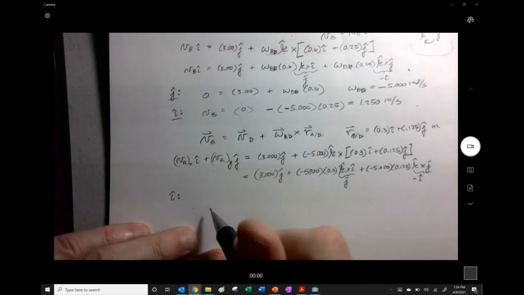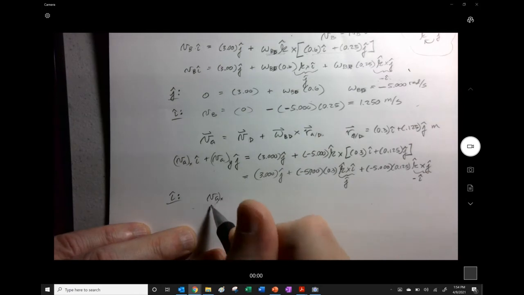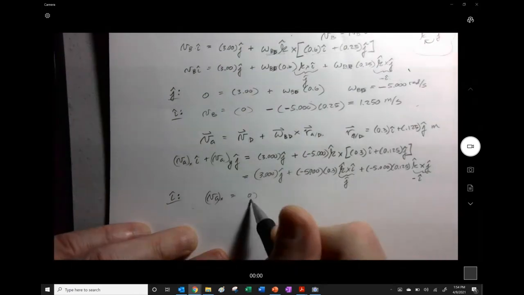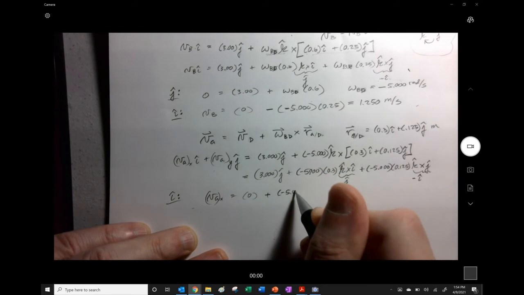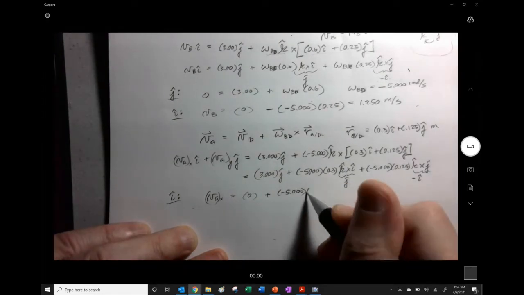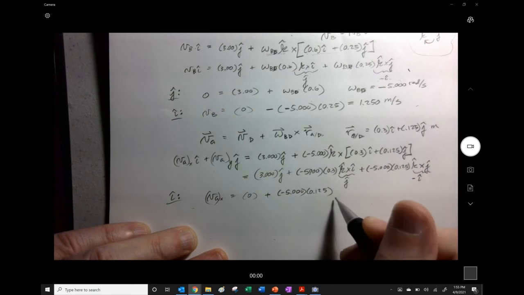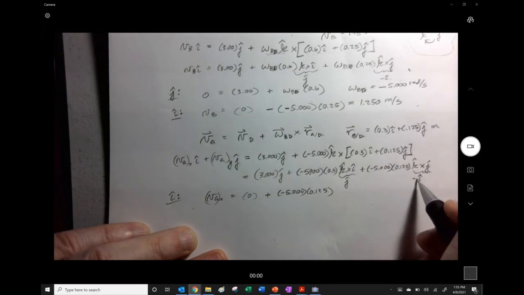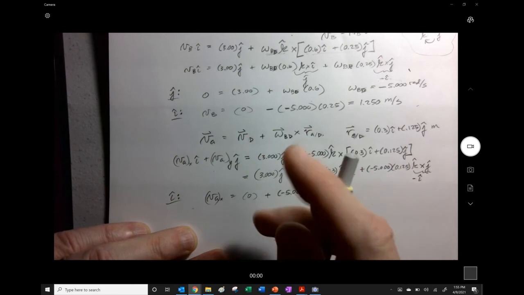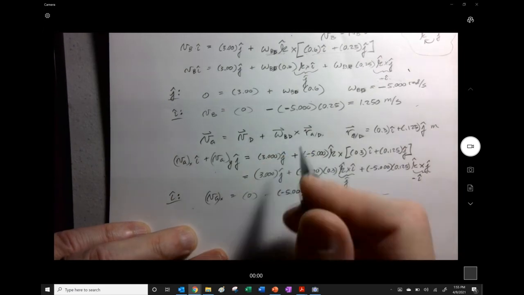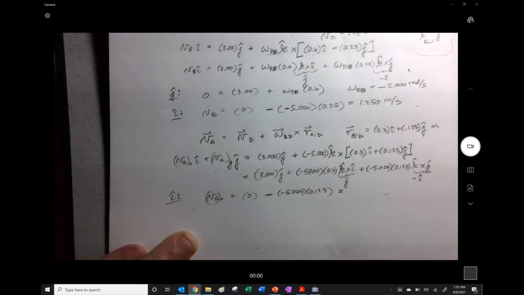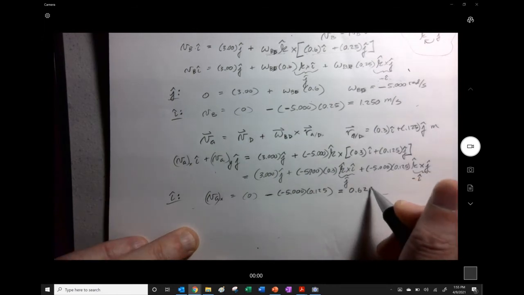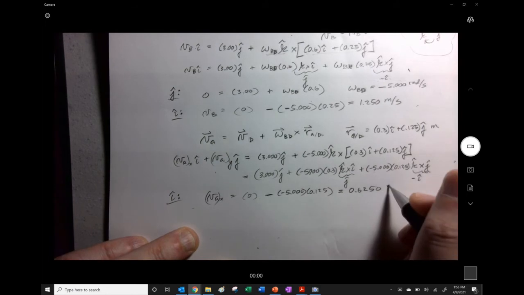So in the I direction, we have VGX is equal to, well, nothing there from this, and we have a negative 5 times our 0.125. So it's negative though, so I'll put the negative up in here. That's the negative, and that should be 0.625 positive meters per second.